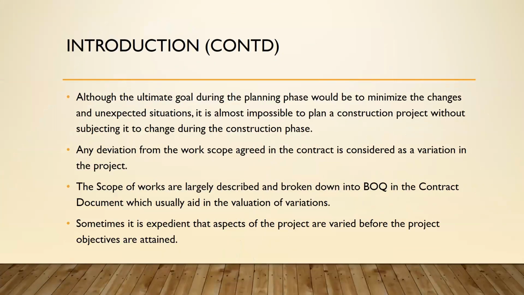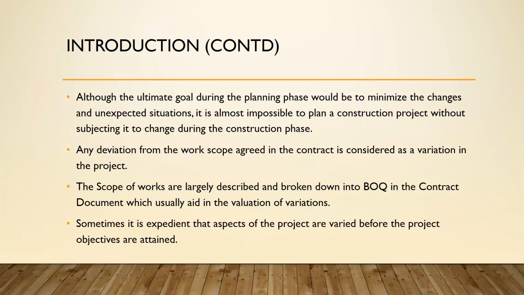Although the ultimate goal during the planning phase will be to minimize the changes and unexpected situations, it is almost impossible to plan a construction project without subjecting it to change during the construction phase.